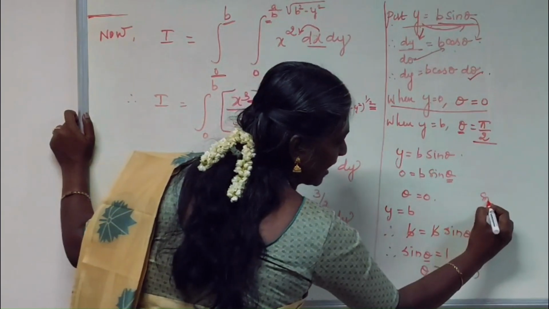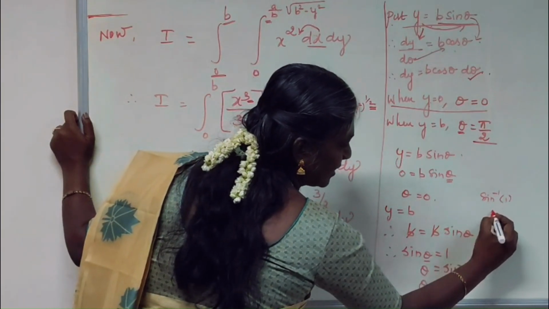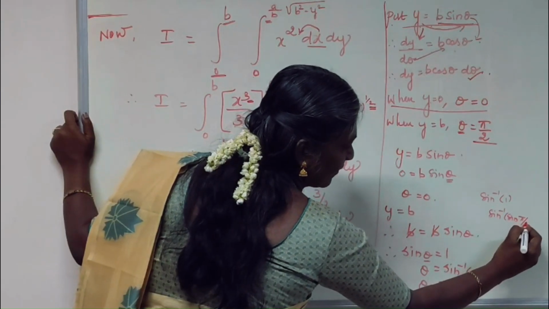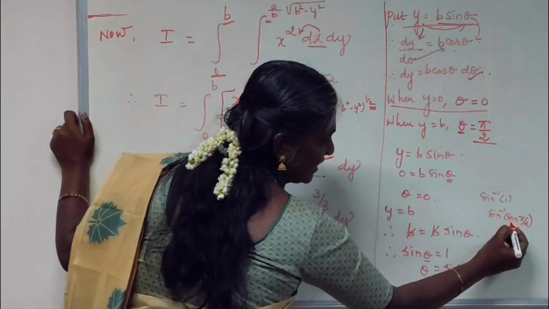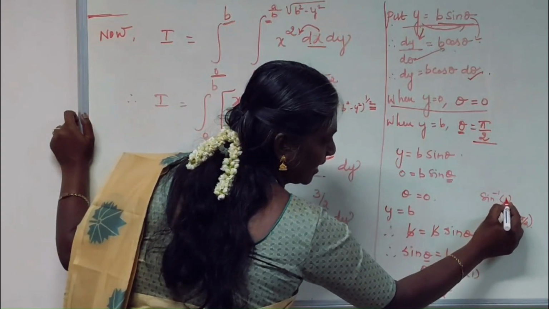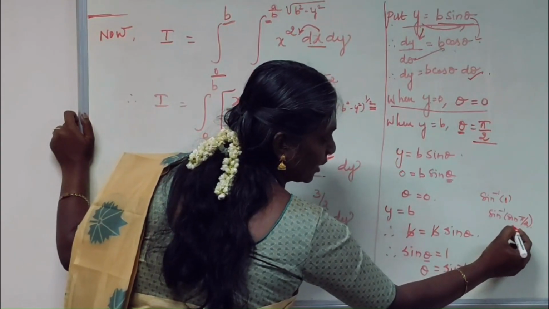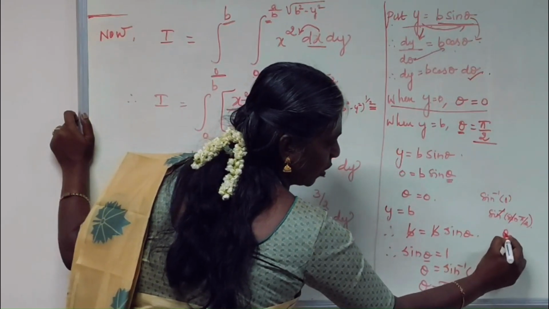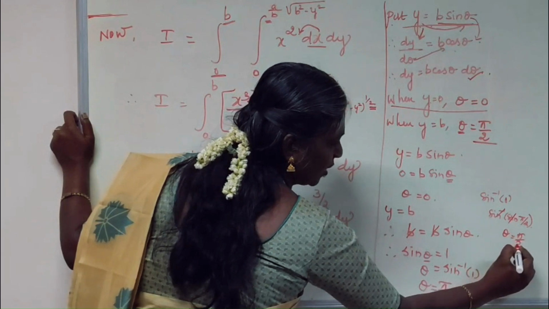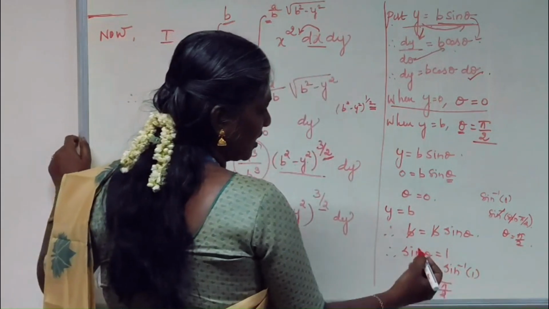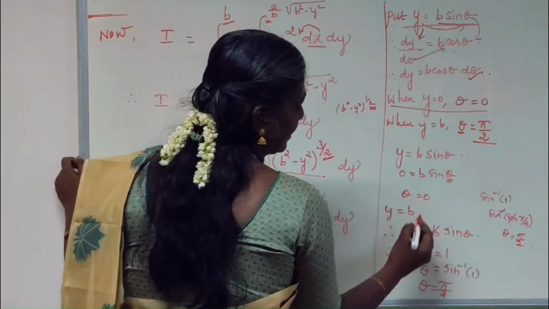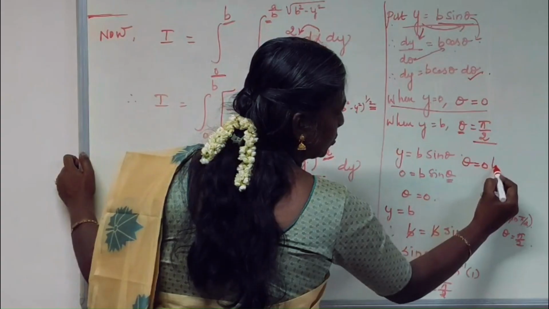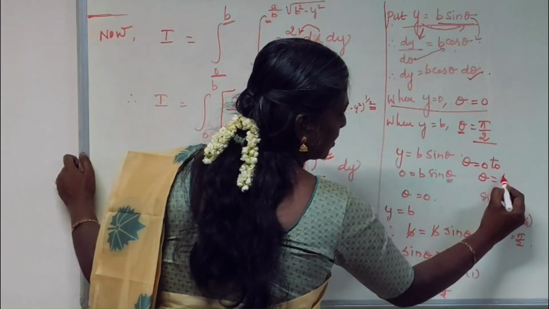Sin inverse of 1 is sin inverse of sin pi by 2, and the value of sin pi by 2 is 1, so inverse and sine get cancelled. Automatically the theta value is pi by 2. So now theta varies from 0 to pi by 2.